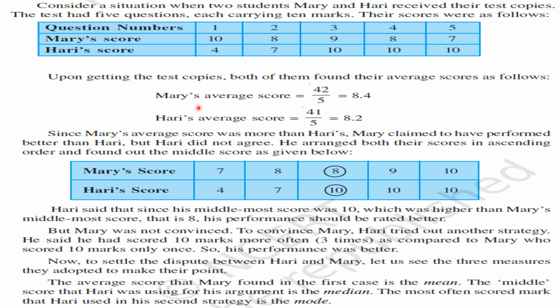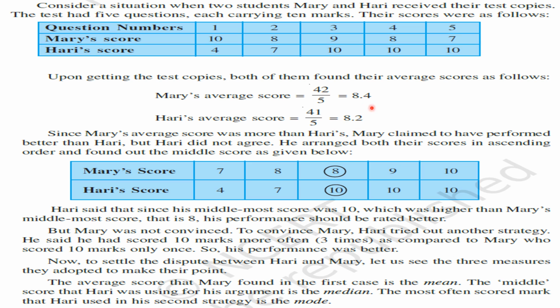This is the average score of Mary. Similarly, let us find the average score of Hari. So 4 plus 7 plus 10 plus 10 plus 10, whole divided by 5. That is 41 by 5, which gives 8.2. This is the average score of Hari.